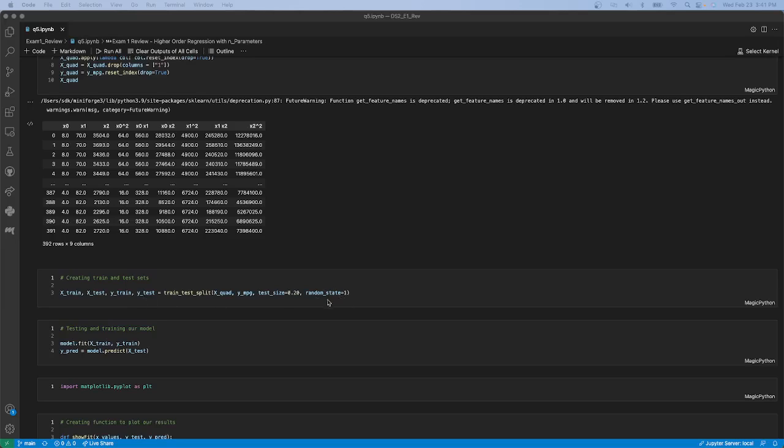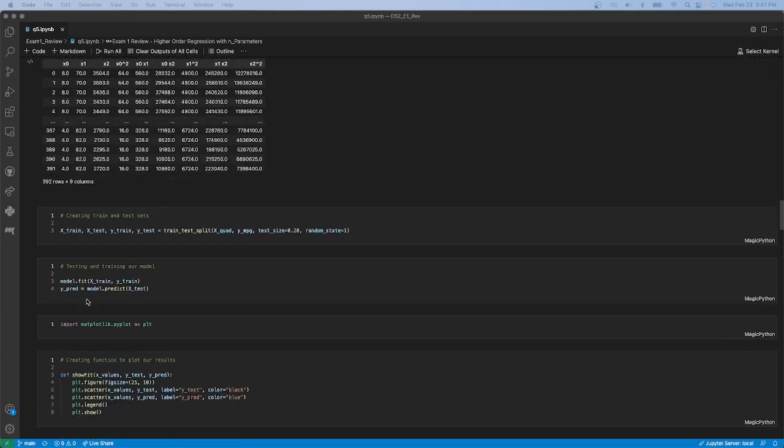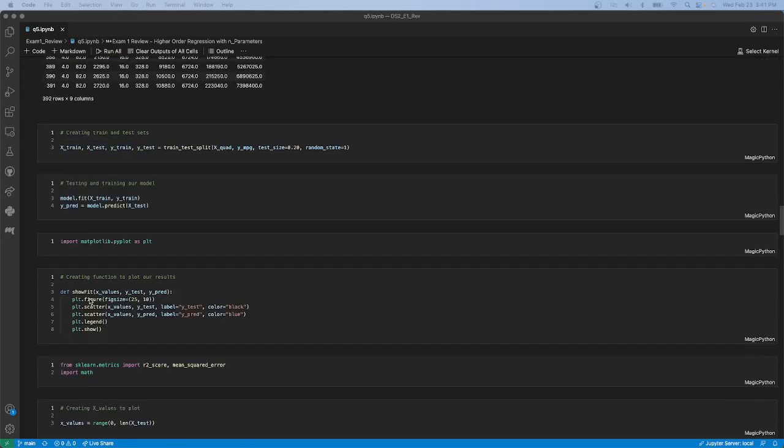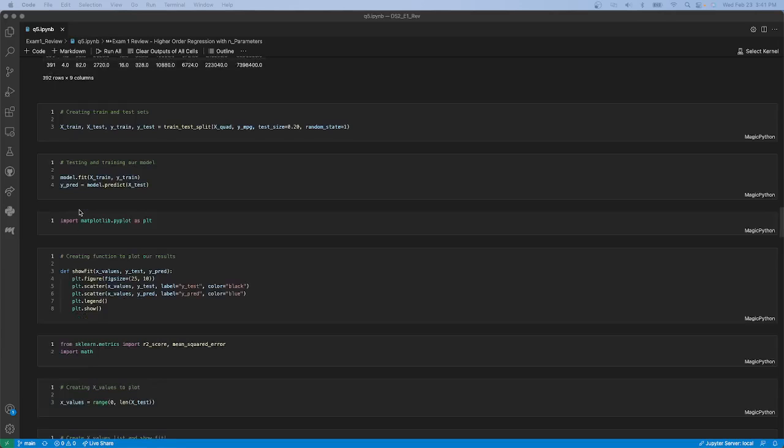If you did not include this, it would be random every time, so it would change. So now we have all of our sets that we need, and we're going to fit the model on our training x and y, and then we are going to predict our test and store it as y predicted.